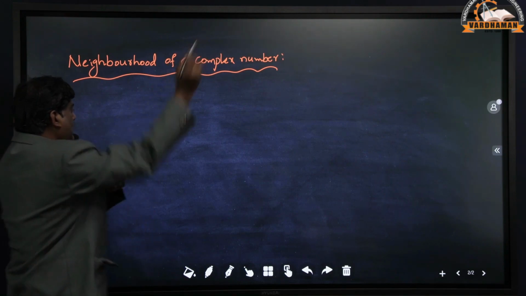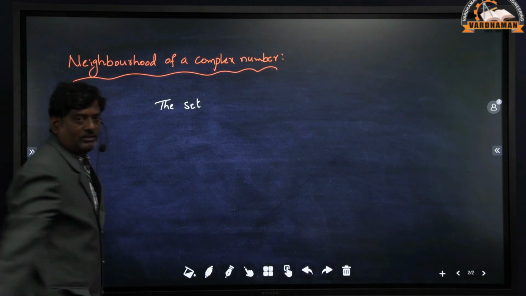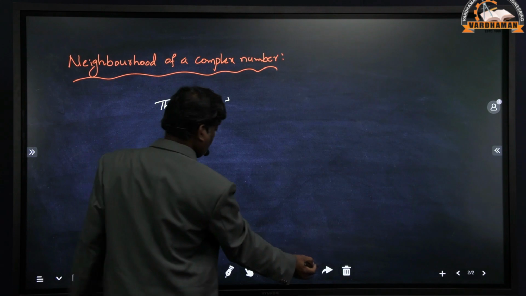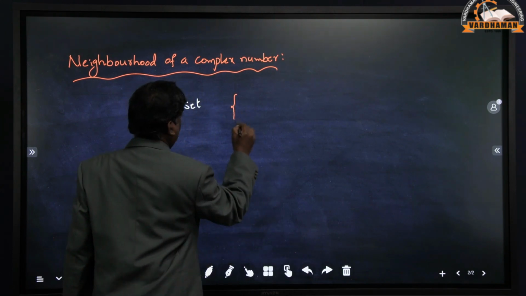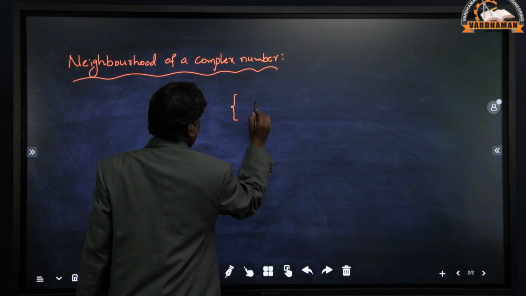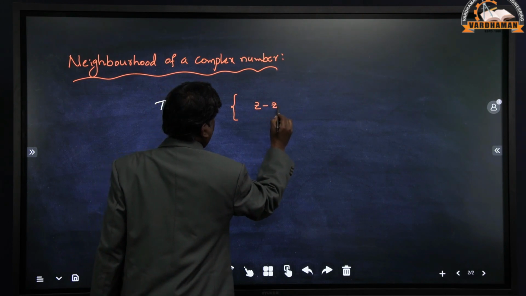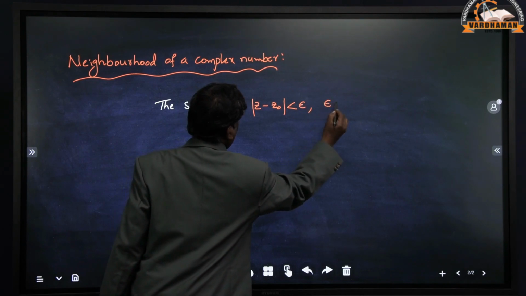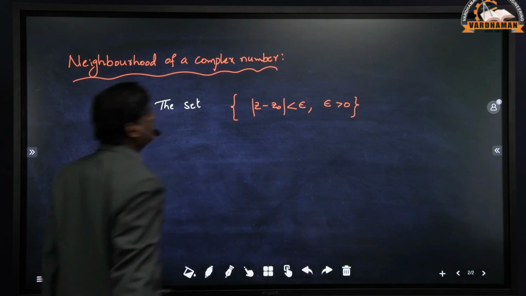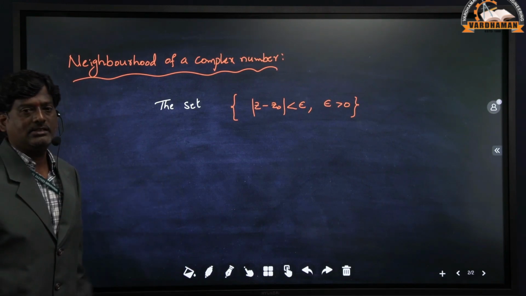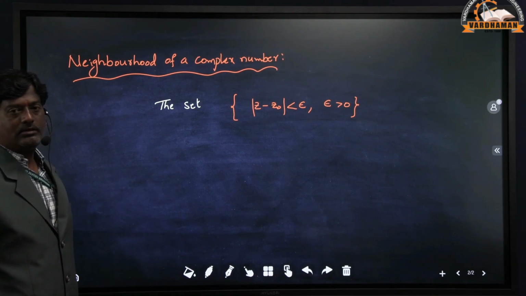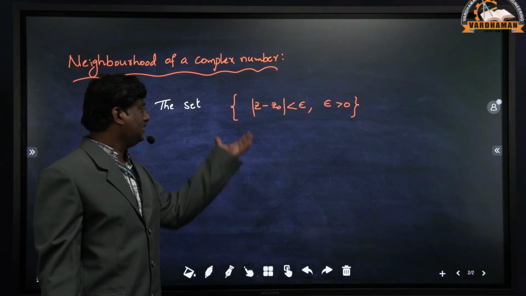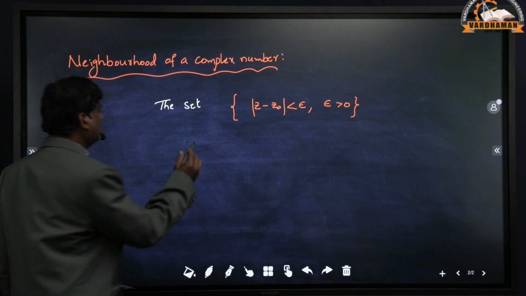Suppose you take the set of z such that modulus of z minus z naught is less than epsilon, where epsilon is greater than 0. Epsilon is always a positive number, just greater than 0. This is called a neighborhood of the complex number z naught.